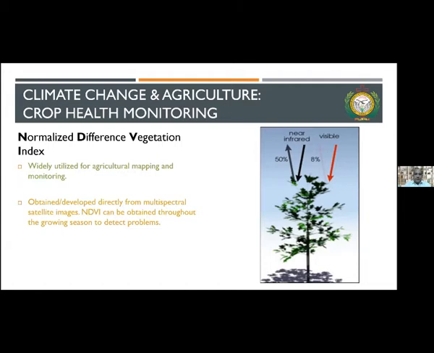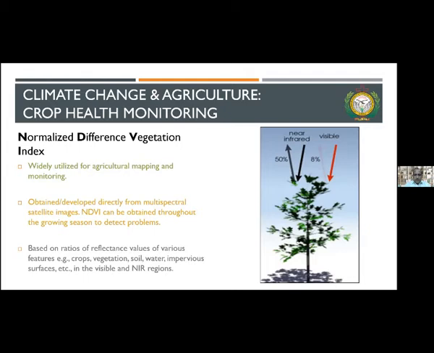It's obtained directly from the multispectral satellite images, and NDVI can be obtained throughout the growing season to detect health problems. It's based on reflectance values of various features like crops, vegetation, soil, water, and other impervious surfaces in the visible and near infrared region.